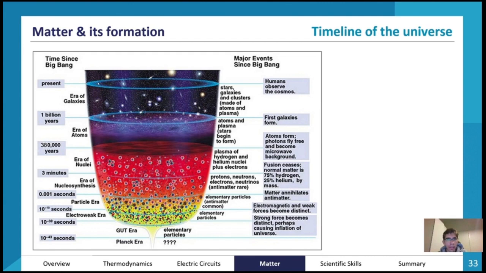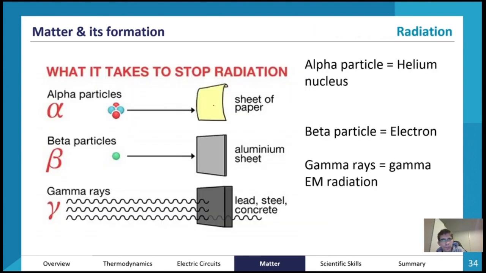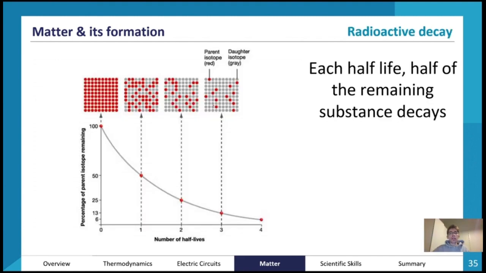Then you have dark matter, and then you have the formation of more sophisticated chemical structures that led to the formation of planets and other celestial bodies. What happens is that these elements actually decay, and we measure decay through half-life.